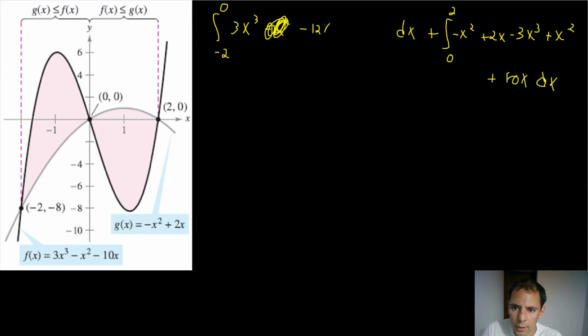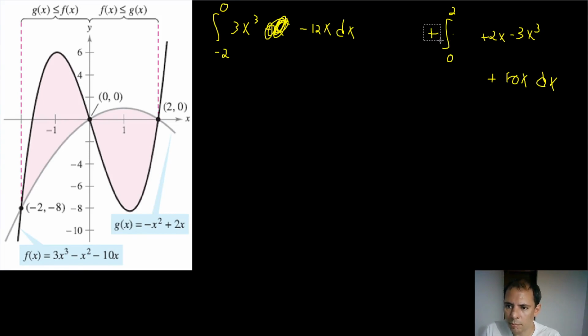Minus 12x. Bring the dx here. And in here it's the same thing. You got a minus x squared with a plus x squared, so erase this. And it's going to be 12x minus 3x squared. Yeah, you see, you're just inverting the stuff.